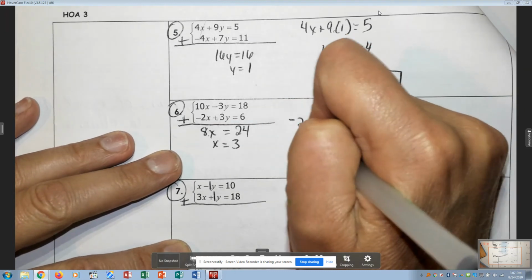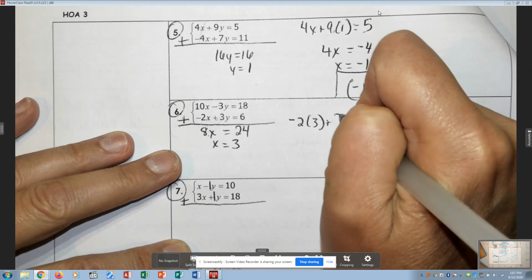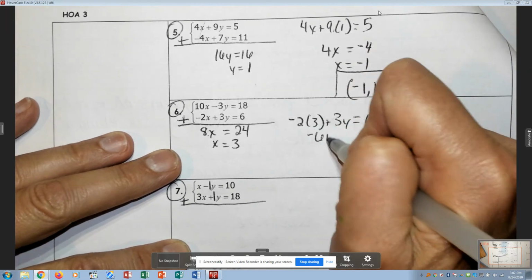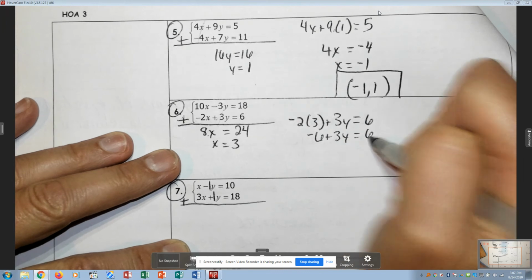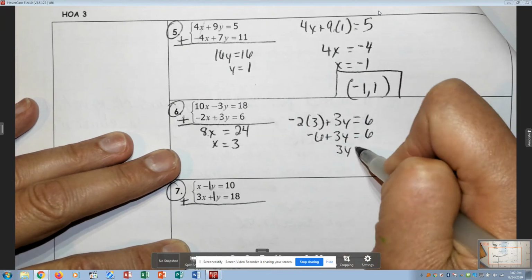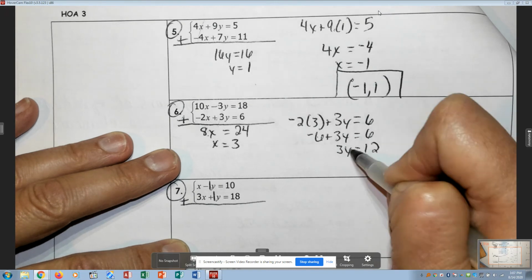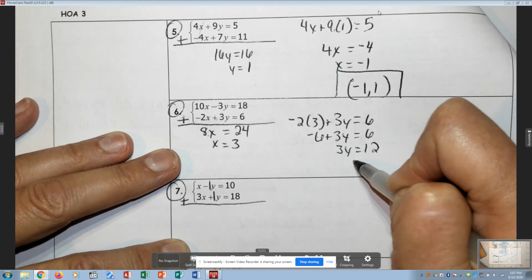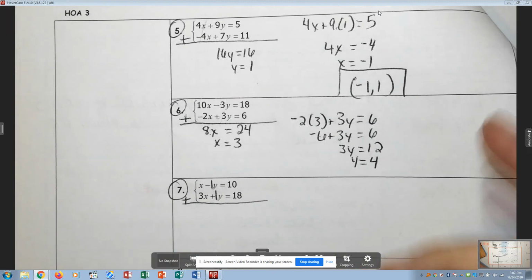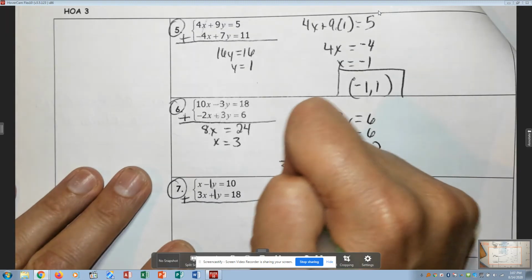So -2 times 3 plus 3y equals 6. So this becomes -6 plus 3y equals 6. I'm going to add 6 to both sides. So 3y equals 12. I'm going to divide 3 on both sides. So y is equal to 4. So the point of intersection here is (3, 4).